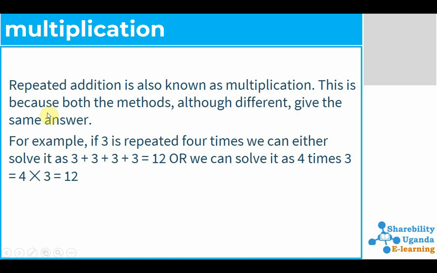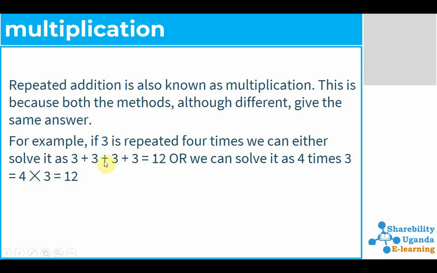For example, if 3 is repeated 4 times, we can solve it as 4 times 3. But we can also use repeated addition, and we get the same answer as someone who says 4 times 3.